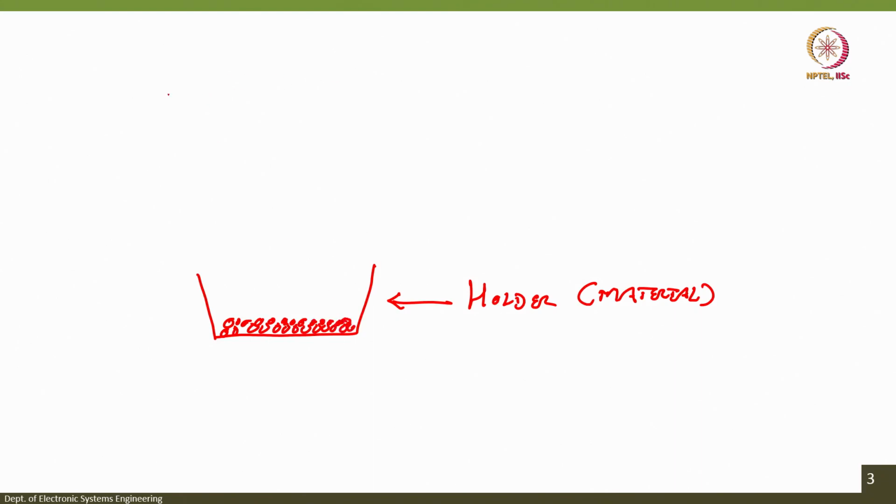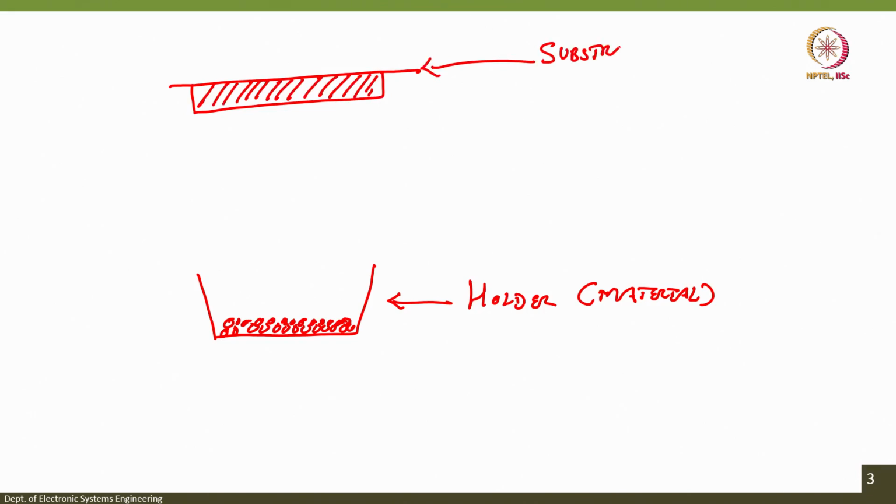Then you have a plate to hold the substrate. So, this is called the substrate holder. Substrate, what is a substrate? Silicon or oxidized silicon wafer, right.